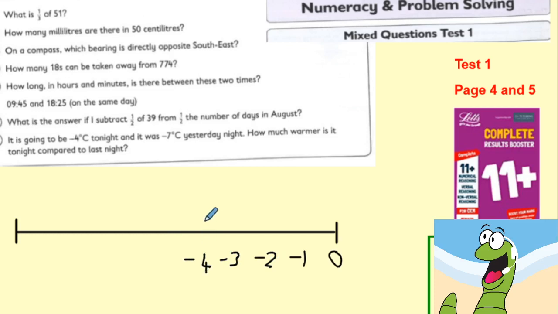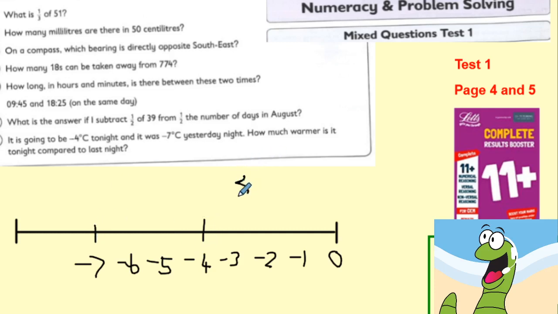Okay, so that's where we are here. That's -4, -5, -6, and -7. So it was -7 yesterday, and tonight it's going to be -4. So the difference between the two would be 1, 2, 3 degrees Celsius.